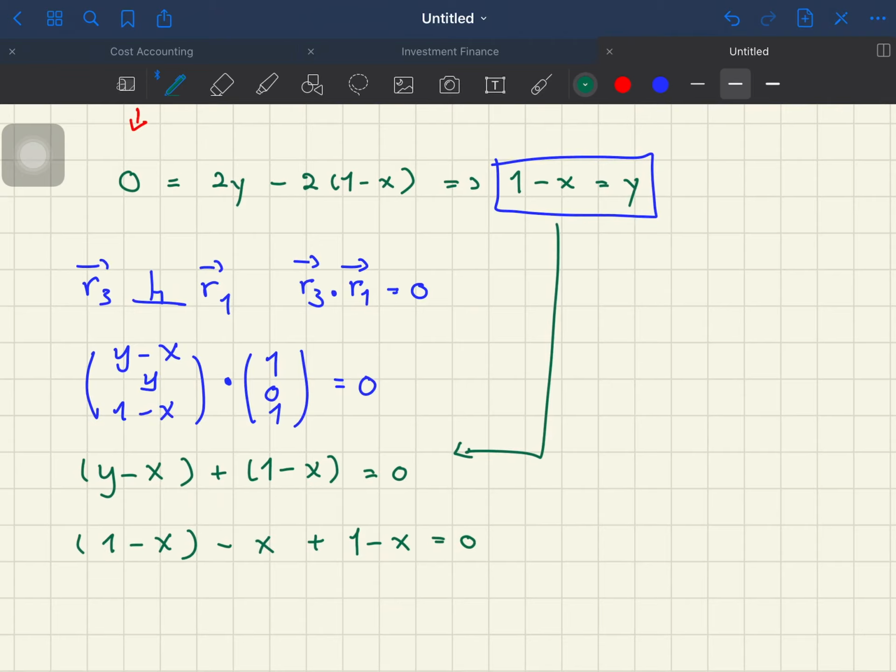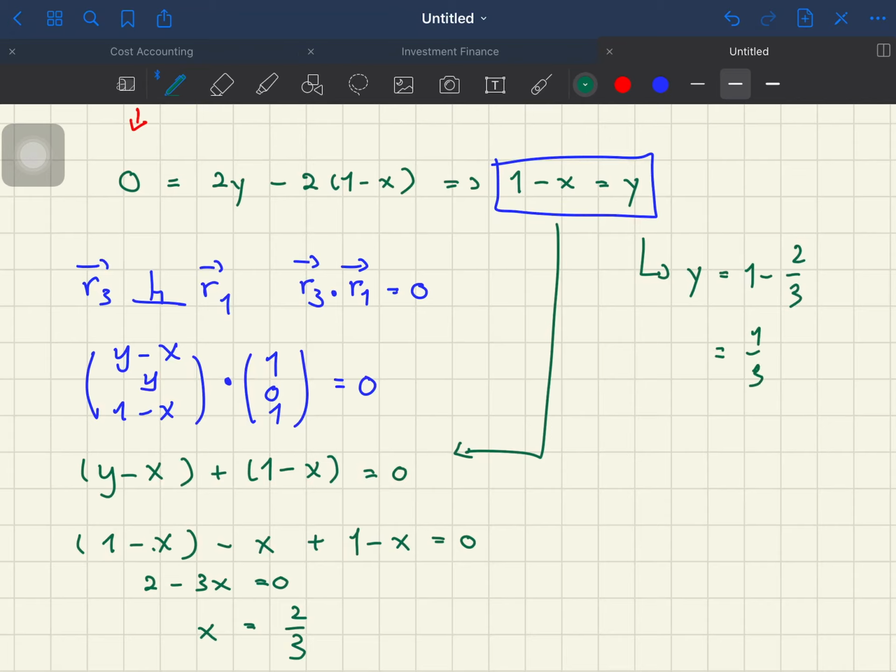So 1 plus 1 is 2, and then minus x minus x minus x becomes minus 3x, and then x equals 2 over 3. This is the 2/3. So y must be equal to 1 minus 2 over 3, which is equivalent to 1 over 3.